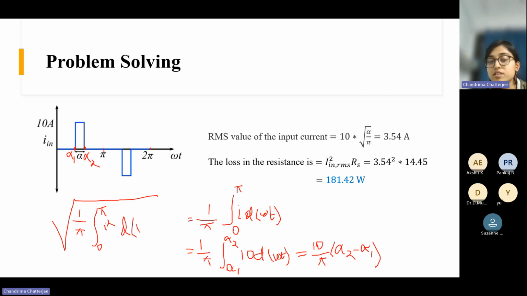If you compute this, you will get this root alpha by pi. You can calculate it by yourself. That's why I have written the RMS value is 10 times root over alpha by pi.